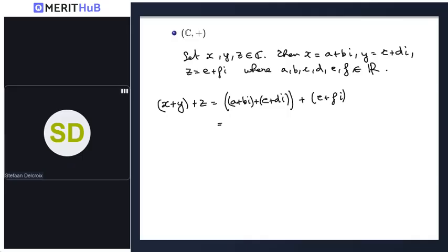Add the real part, so we get a plus c plus (b plus d)i. Okay, so that's the first complex number. Now we need to add e plus fi. Right? Can you give me the correct real part in the final answer? But remember, use parentheses because you can only add two things at a time. What is the real part now?